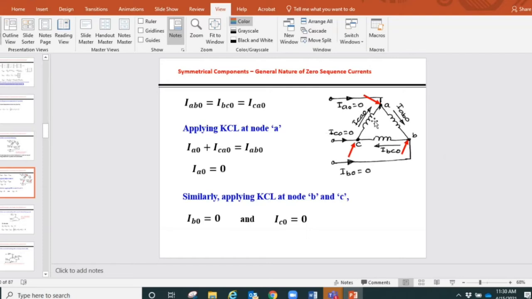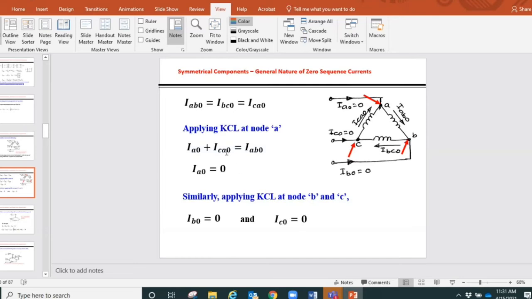So IA0 is coming in. I showed it like that. You can choose another direction and you will find the same answer, which is I equal to 0. So IA0 is incoming, ICA0 is also incoming, they are positive, and IAB0 is going out, so that's negative. I put it on the right hand side.